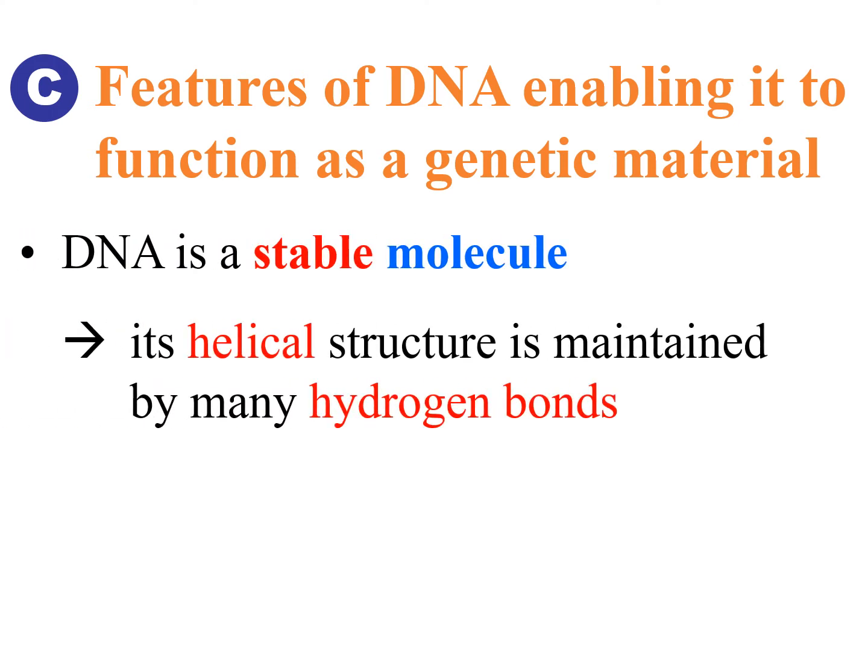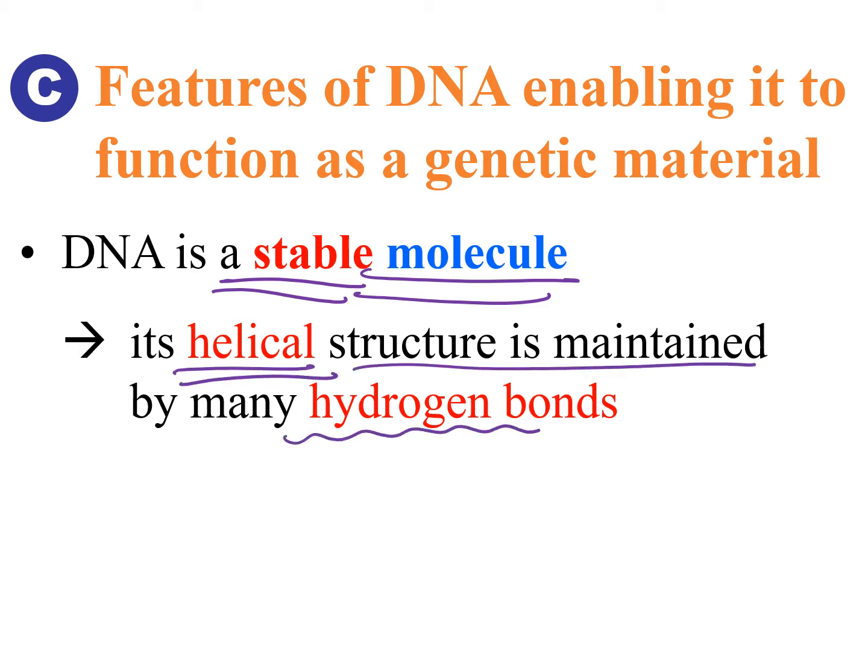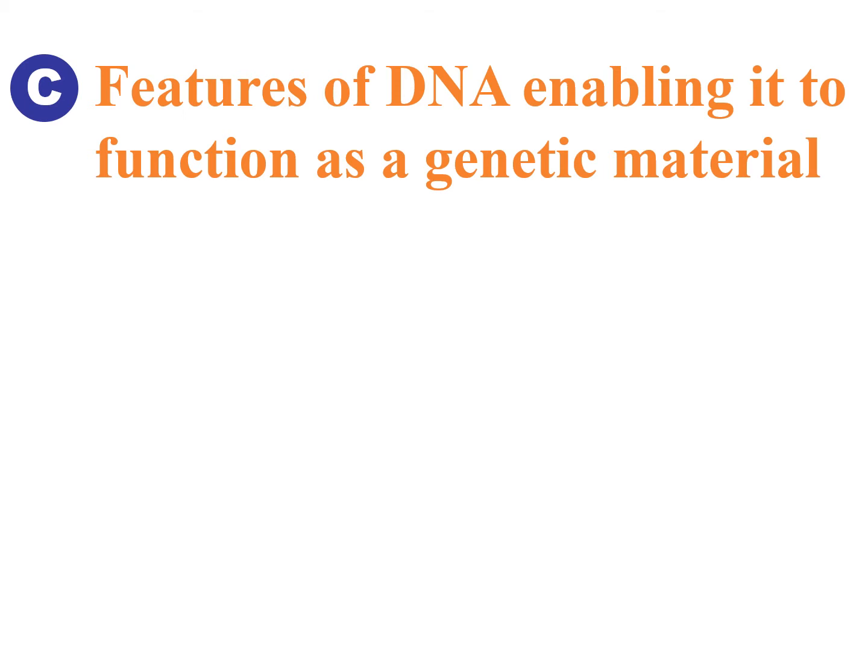Your DNA should also be a very stable molecule. It should not change. It should store the information very safely. The double helix structure of the DNA is maintained by many hydrogen bonds. With many hydrogen bonds, they hold the structure very safely and securely. This makes the DNA very stable.